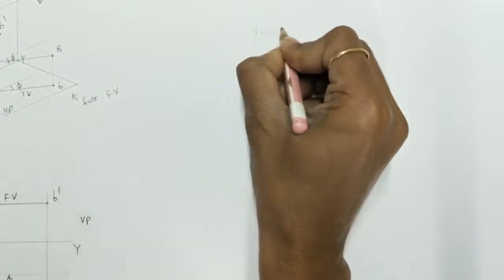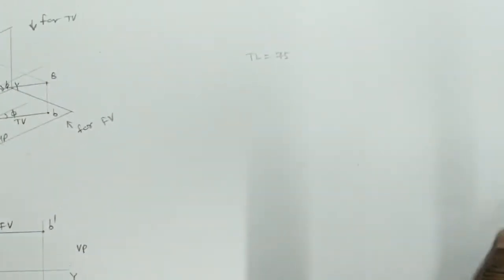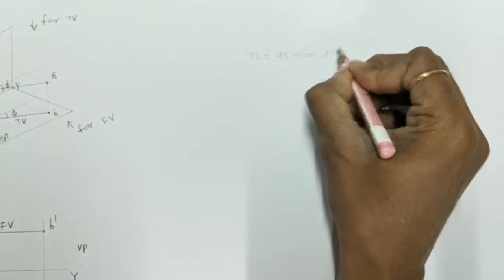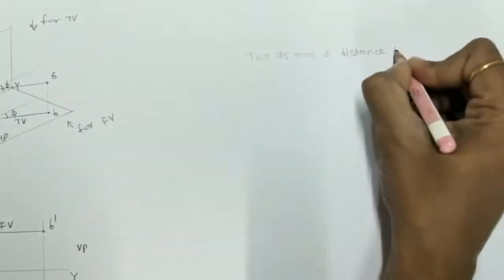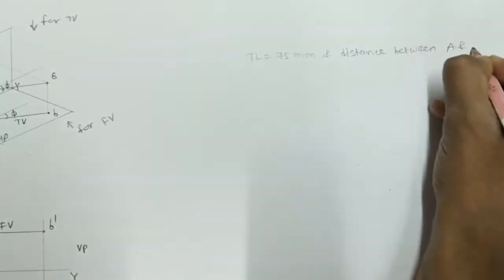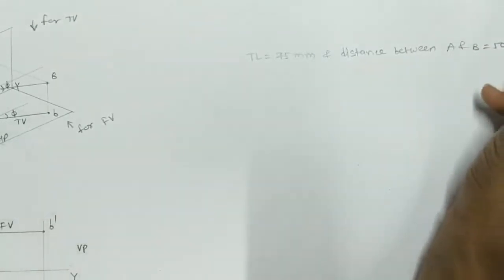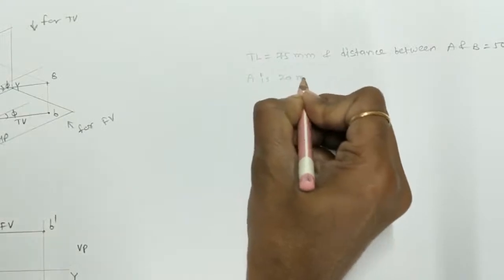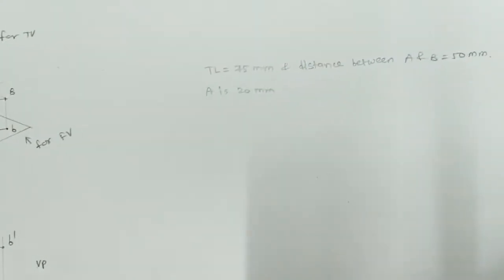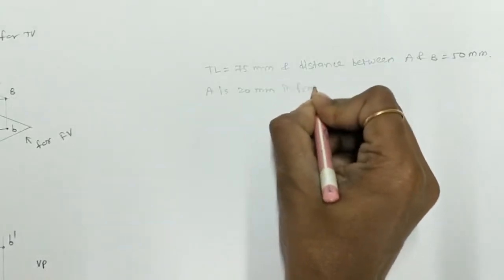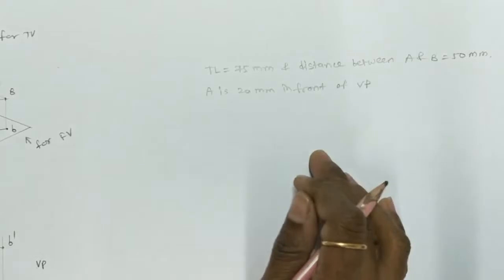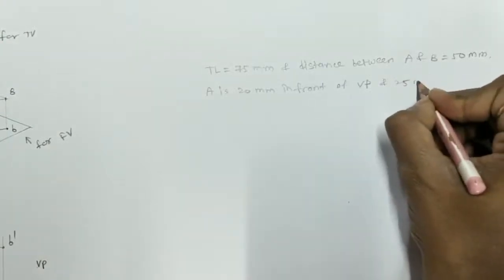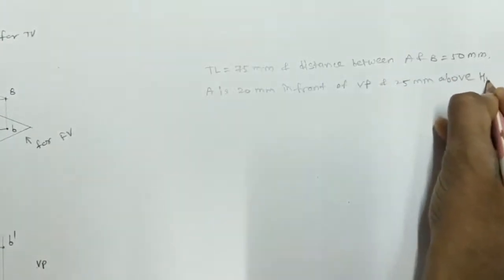So the true length is given as 75 mm and the distance between A and B is 50 mm, and A is 20 mm in front of VP and 25 mm above HP.